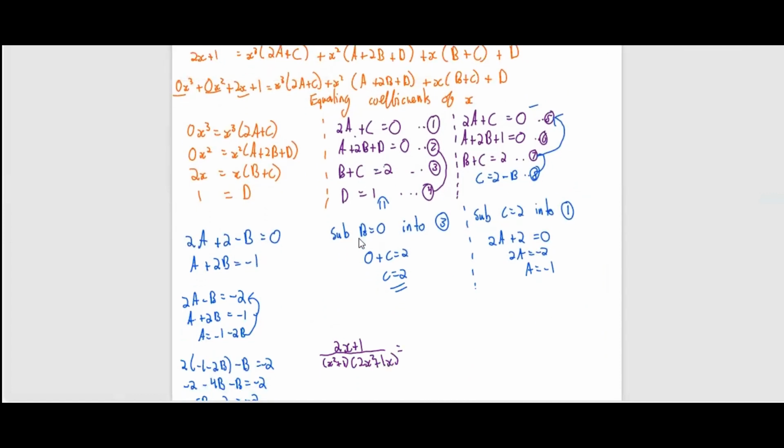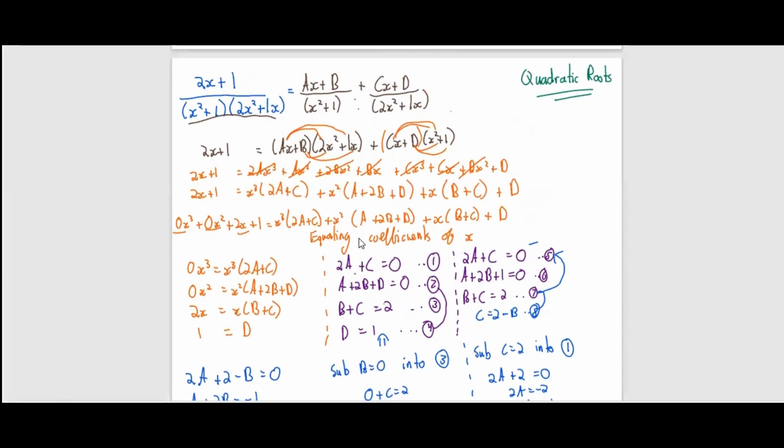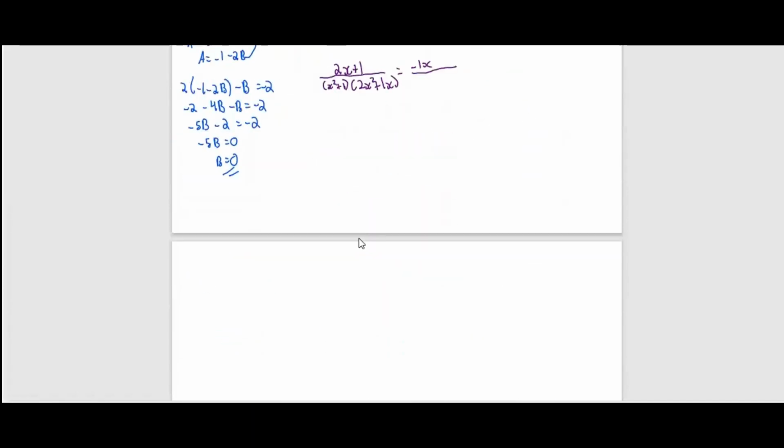And that'll be, let's see, a is minus 1, x plus b, which is 0. So that'll be that part there, divided by the first root, which was x squared plus 1.